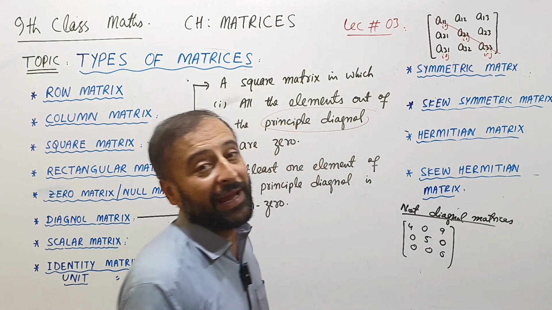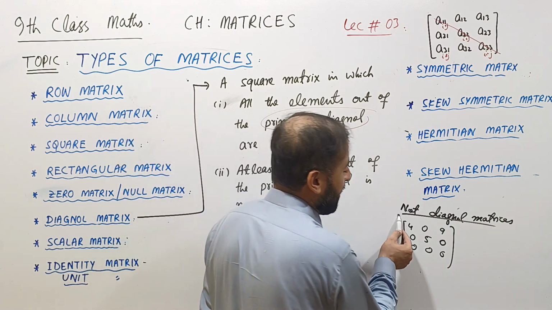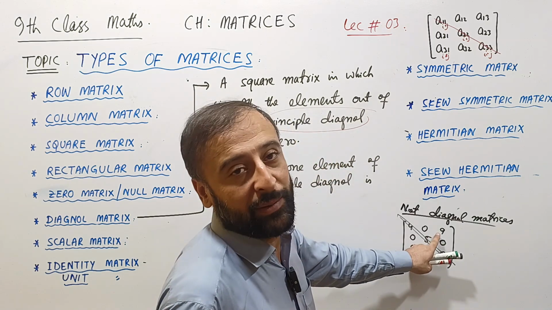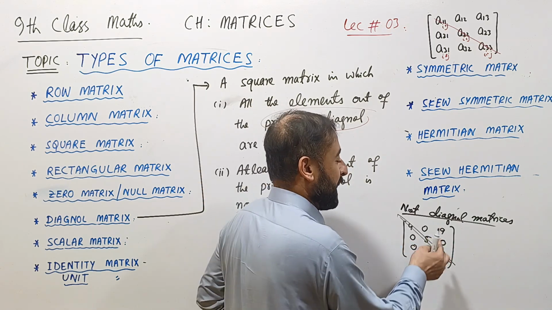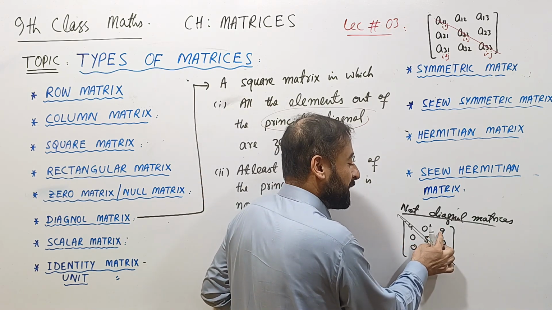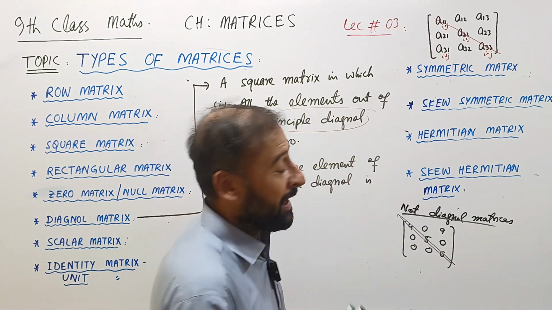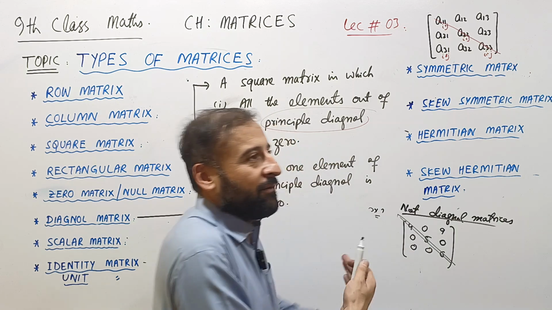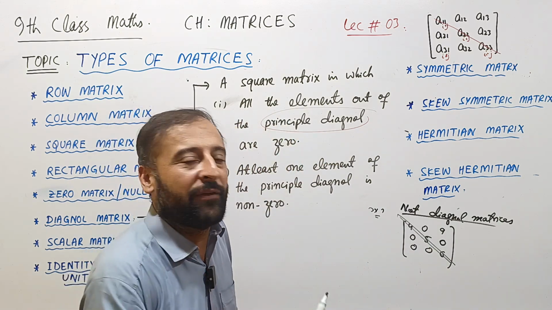Now it is not a diagonal matrix because not all the elements outside the principal diagonal are zero. This 9 is creating a problem. If it had been 0, then it would be a diagonal matrix. If you are talking about a 3 by 3 matrix, all elements outside the principal diagonal have to be 0.